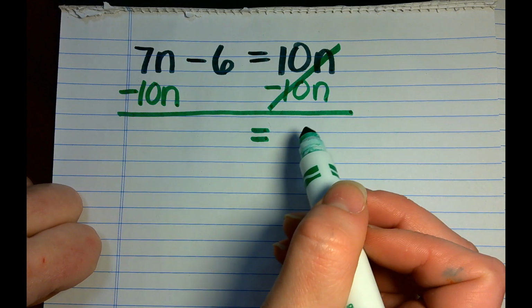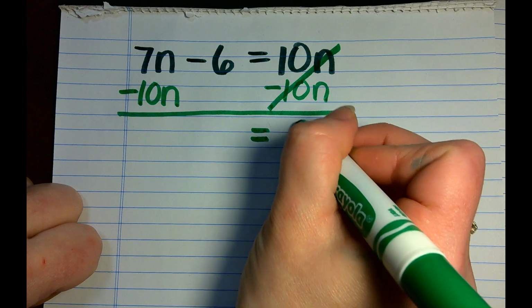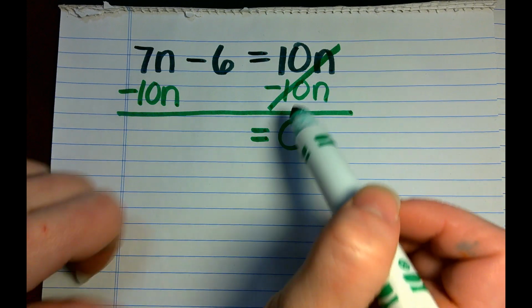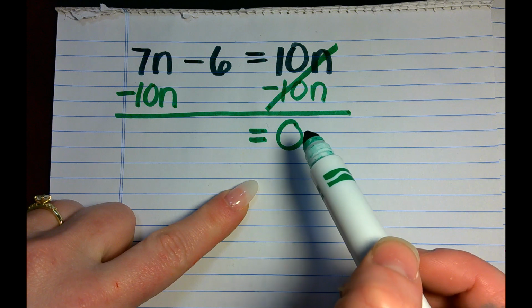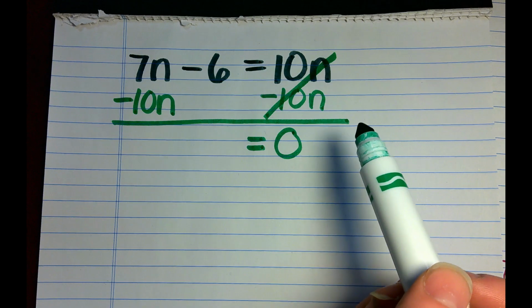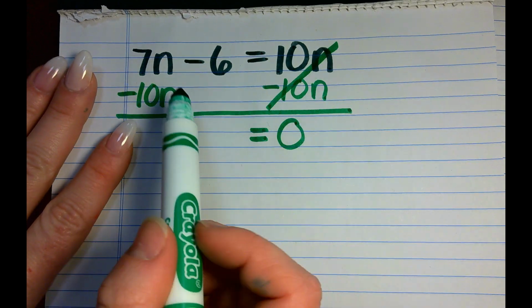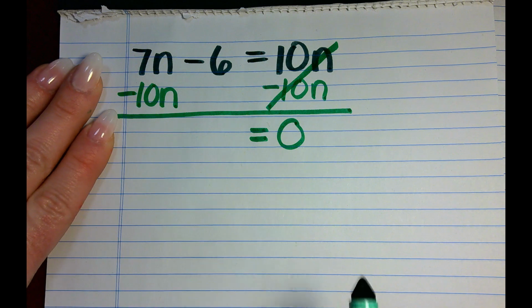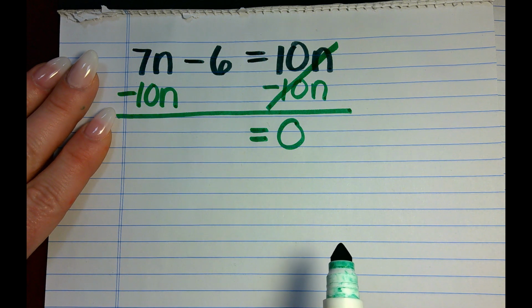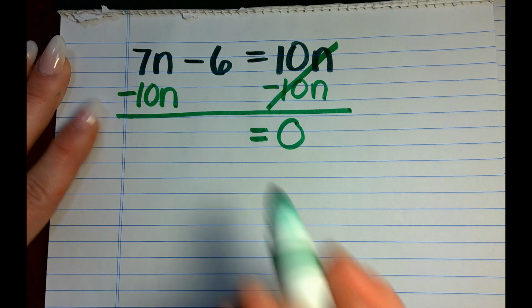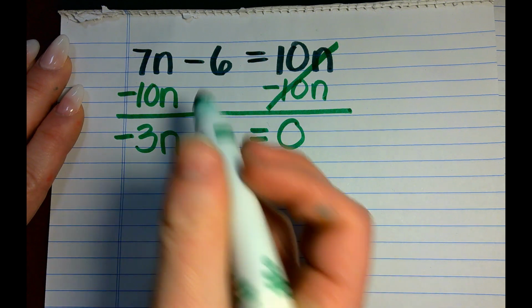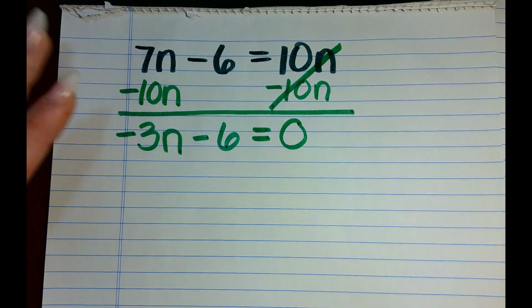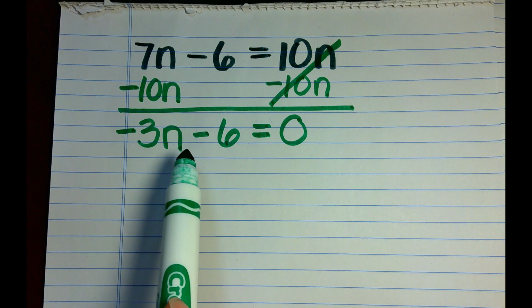Since they cancel, instead of putting a number, we put 0. If I start with 10n's and I get rid of 10n's, I have 0 n's left. Now, what would 7n minus 10n be? -3n, minus 6.